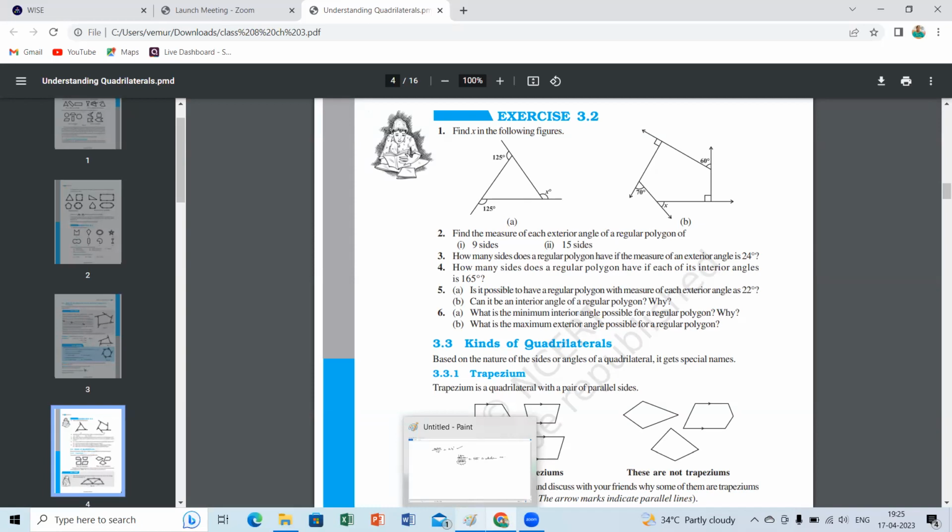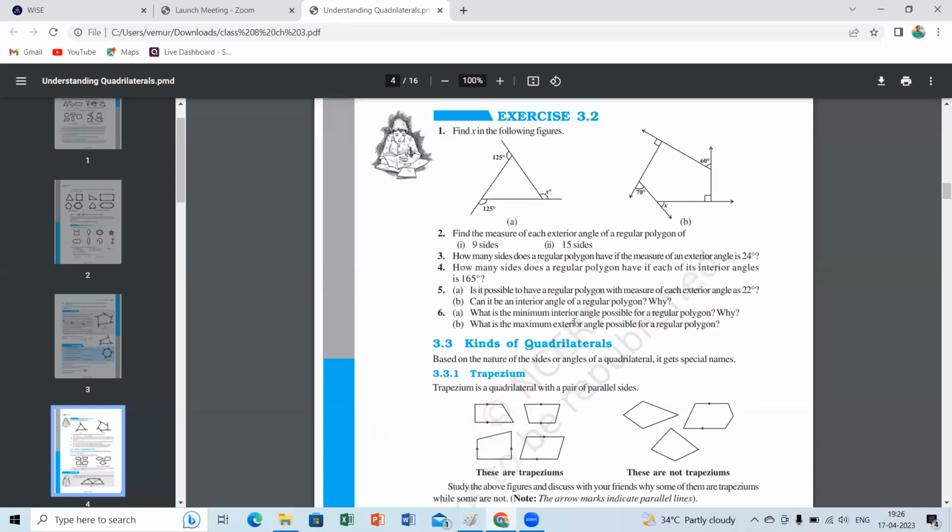Next, can it be an interior angle of a regular polygon? Why? Ma'am, we can check it by exterior angles. We have to find the exterior angle and divide.